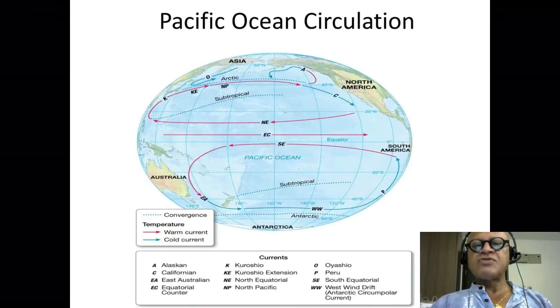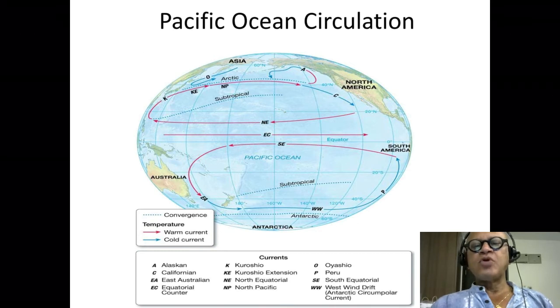the equatorial countercurrent. So this is just re-emphasizing a much better defined gyre with the North Equatorial current, Kuroshio extension, North Pacific current, the California current, so forming this subtropical gyre.